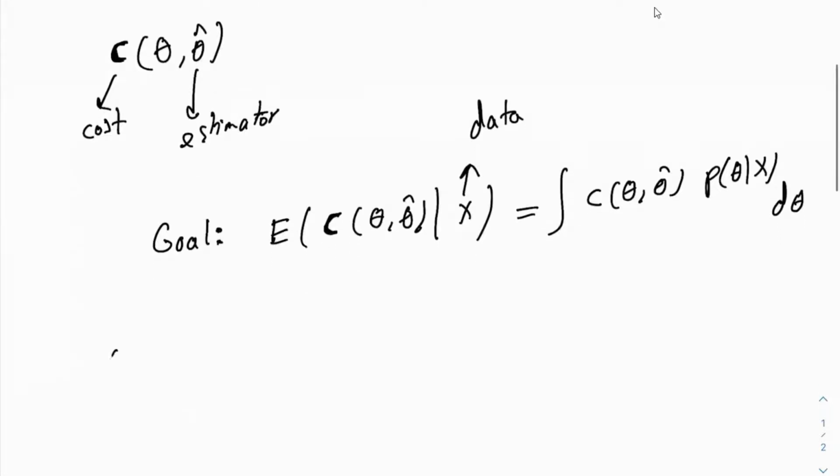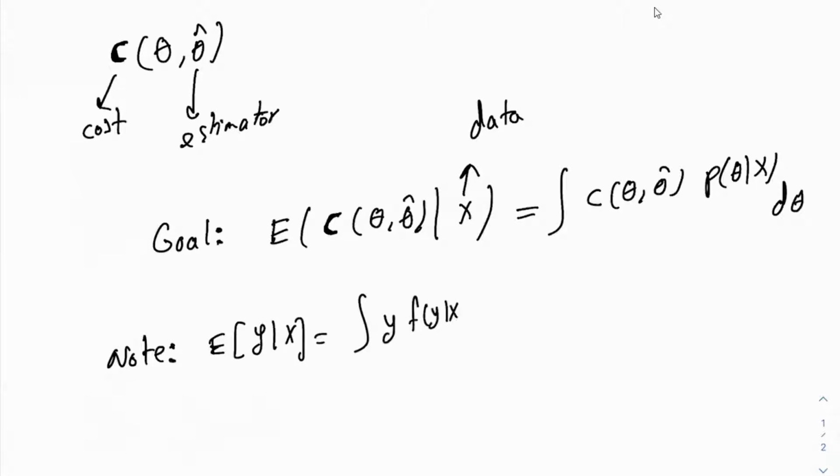Note again, like always, expected value of y given x, assuming they're continuous, is equal to the integral of y f of y given x dy. This is the same thing. This is a function of theta, right? It's going to be C of theta hat times probability of theta given x, where x is the one on the right hand side of this conditional bar operator.